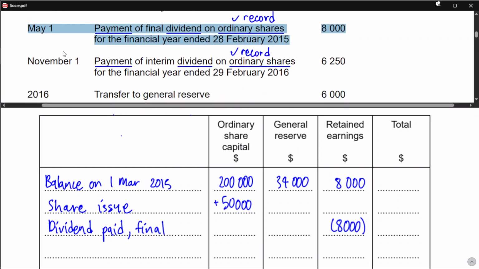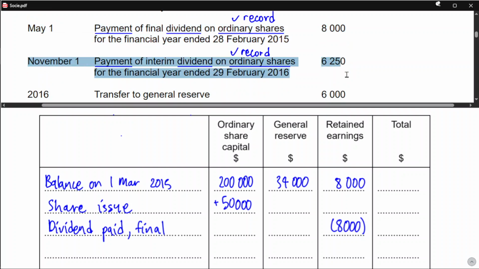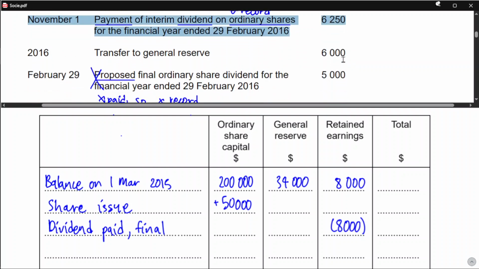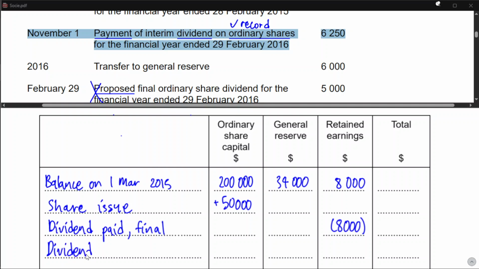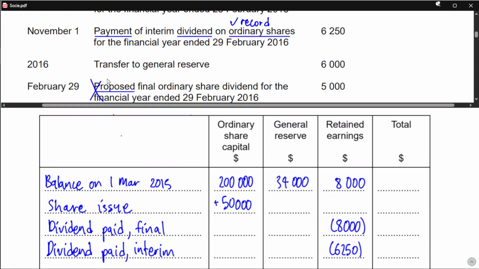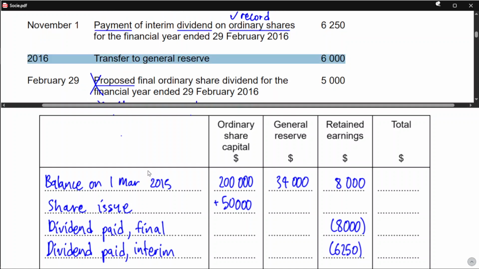Next line. What he wants us to do is dividend paid. This one is interim. Continue.